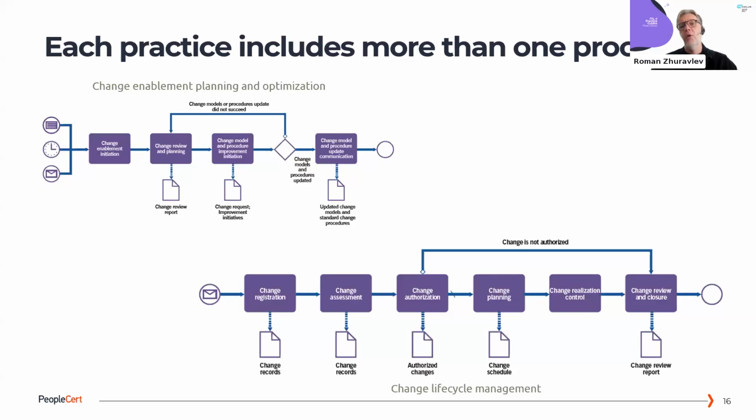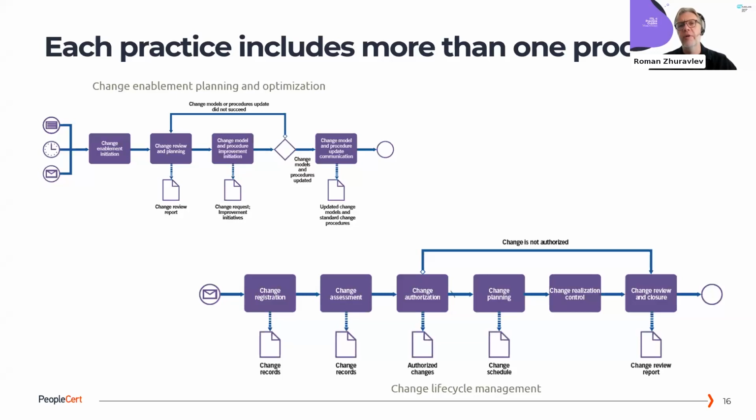And then that all actual entities, all items of changes, they all follow the agreed process. So you can think that the second process here, change lifecycle management, is a do part of the change enablement PDCA cycle. And change enablement planning and optimization is a plan, check, and act part of the change enablement practice.